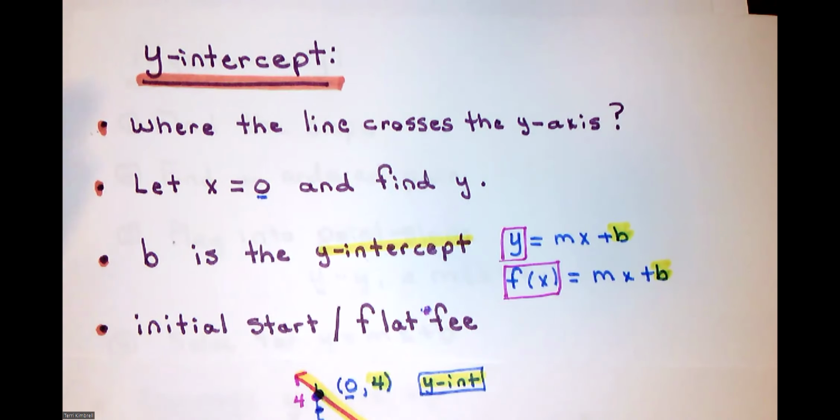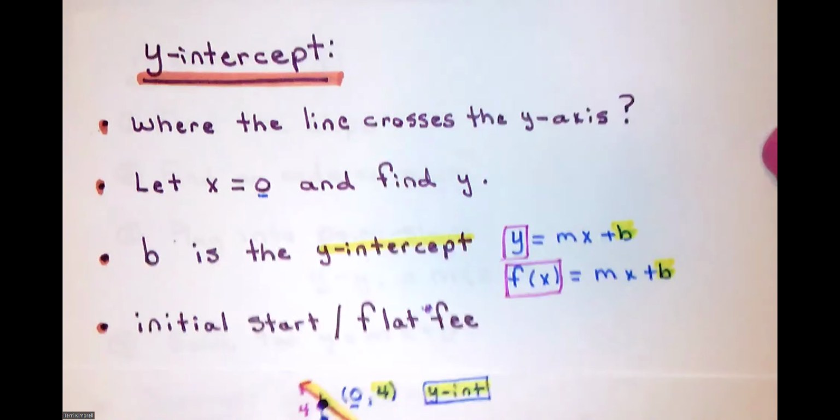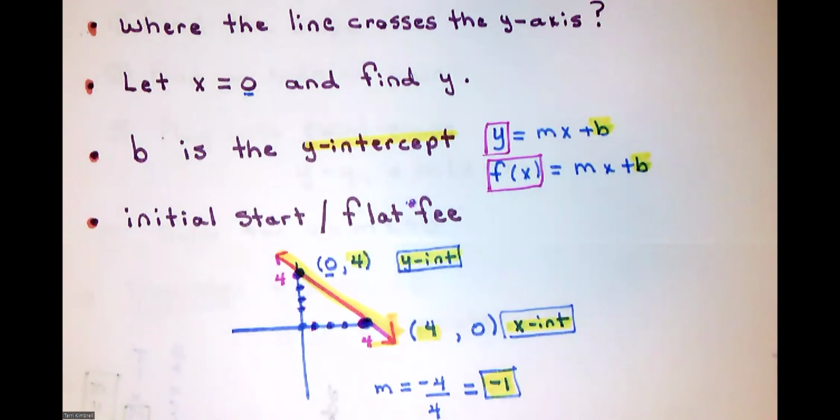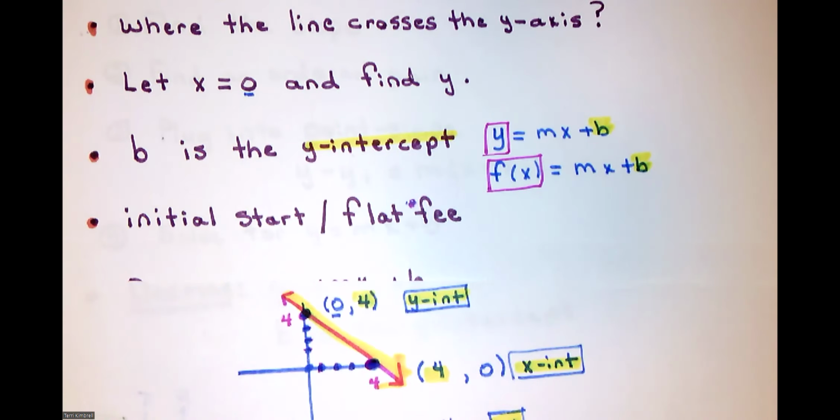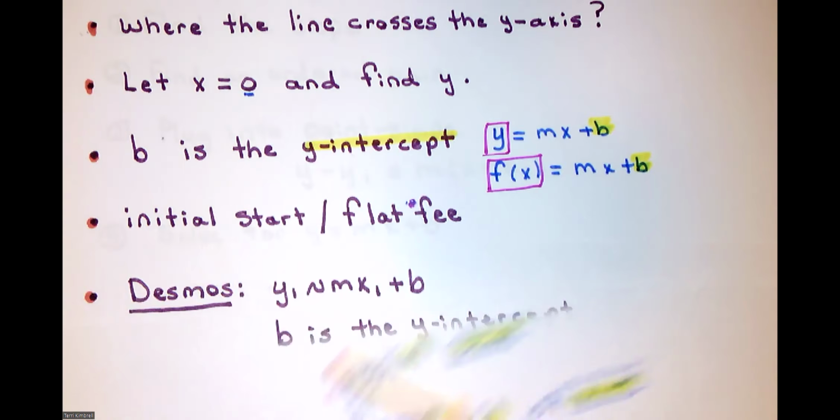Now, the y-intercept is always going to be like an initial start. So when you're graphing lines, that is where you're going to start. When you look at word problems, it's probably going to have something about initial, and that is where you're going to start with that problem.